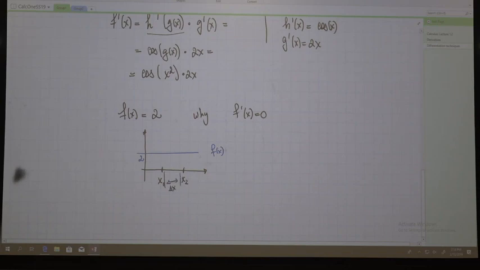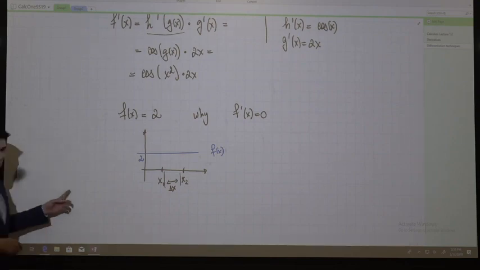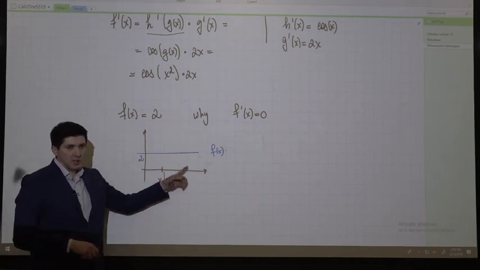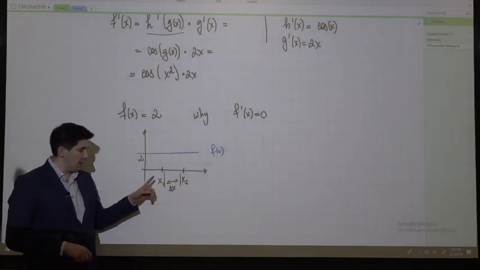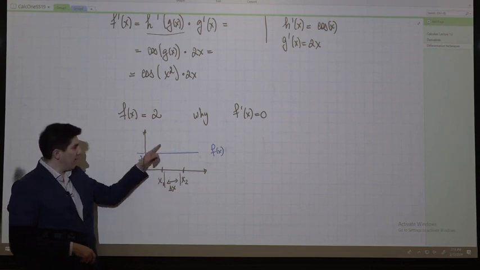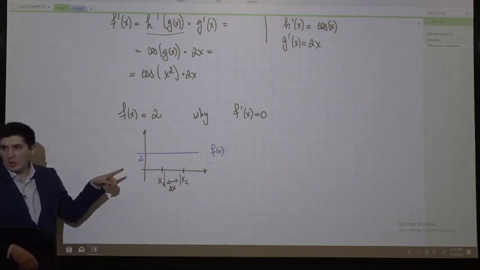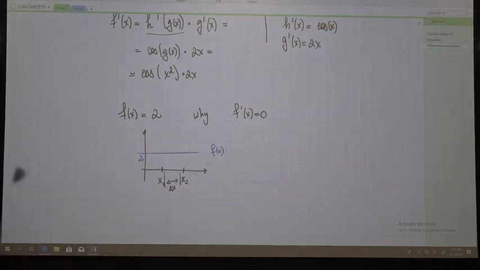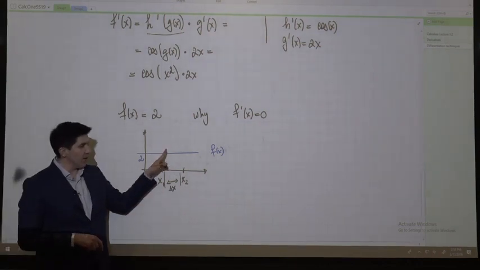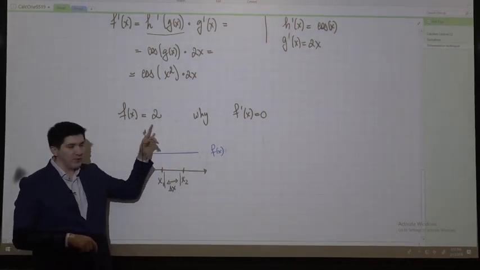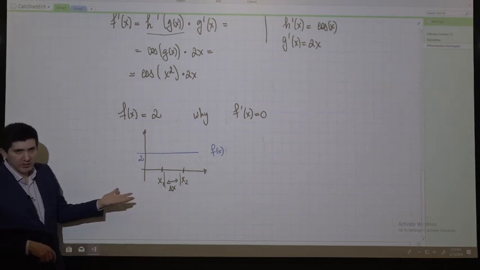And I need to find the ratio of the change of this function to delta x, right? So if you change x from x1 to x2, how is your function changing? It is not changing, right? So when you change from x1 to x2, your function is not changing. That is why the derivative is equal to 0 from this perspective.